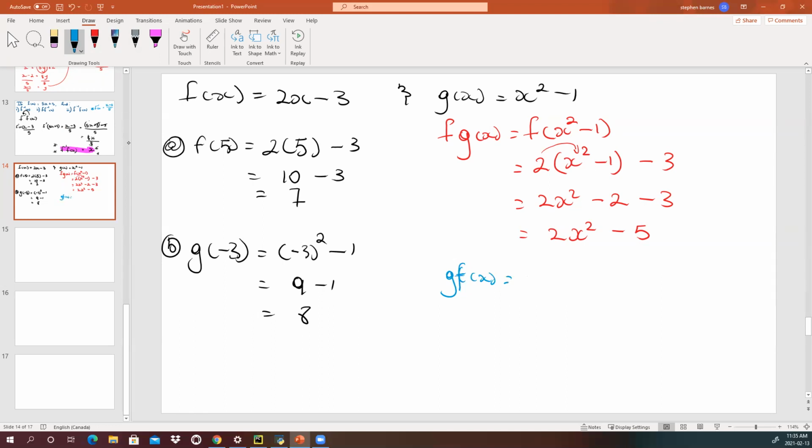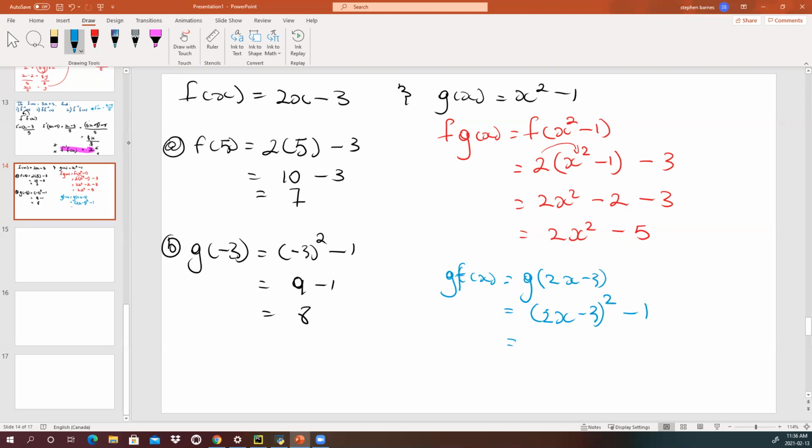So effectively we're going to have our g function, and anywhere we see x in our g function, we're putting in f, which is 2x minus 3. So the first thing would be 2x minus 3, squared, minus 1. So, yes, x squared minus 1.